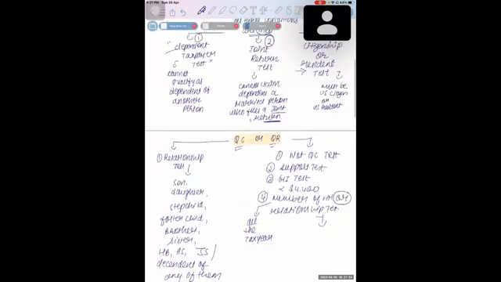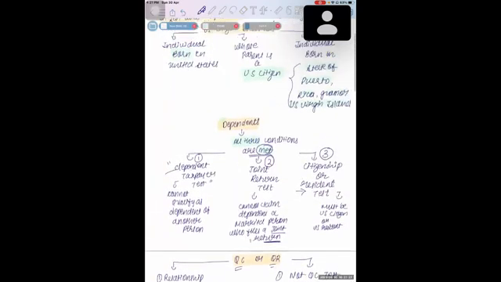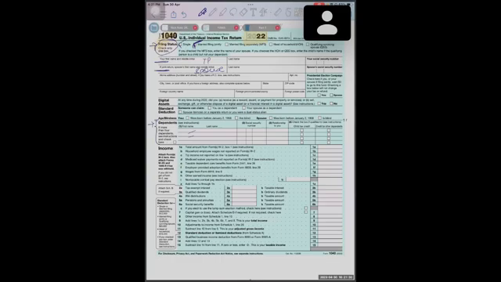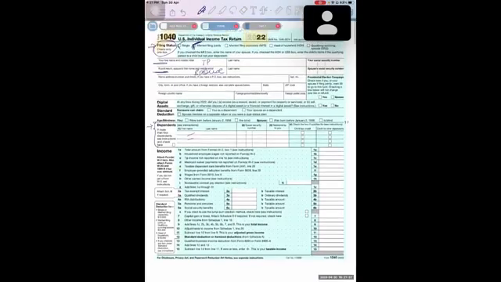Next is now the dependent. If you see on the 1040 form, we have one checkbox, whether that person is a qualifying child or a qualifying relative. See, your relationship is there. Here you can mention a son or daughter or maybe other relatives. Drop down arrow will be there. When you file the tax return, you will see in the input screen the relationship you will have to mention.